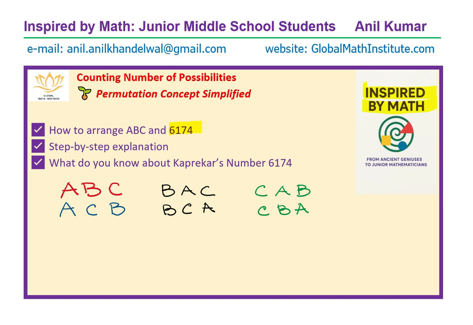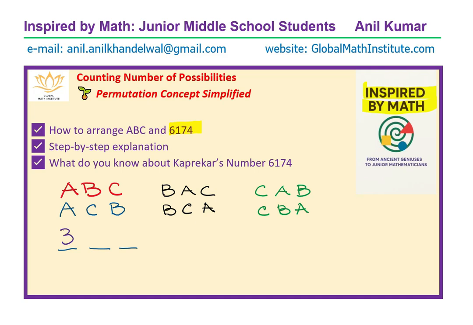So, what can we do? Well, basically, we have three spaces to fill in. How do we fill in these spaces? That is all we're talking about. Now, we have three choices to fill in the very first space, right? A, B, or C. So, I have three choices to fill the first space.